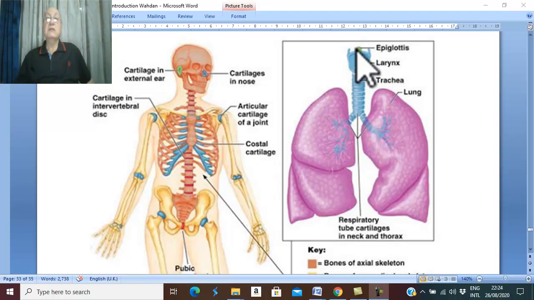Therefore, for the sites of hyaline cartilage, remember the fetus first, and remember intracartilaginous ossification. All developing bone from cartilage in the fetus develops first as a hyaline cartilaginous model.